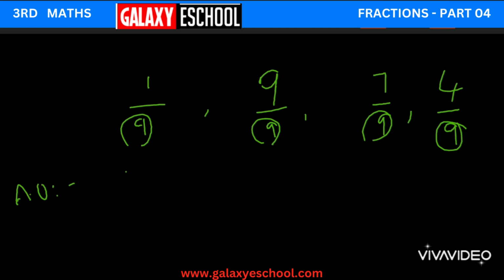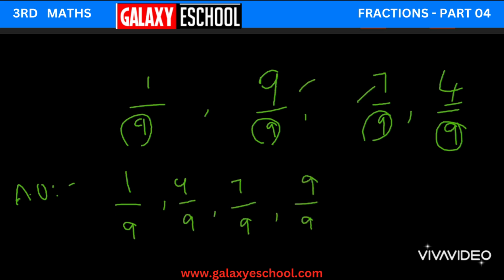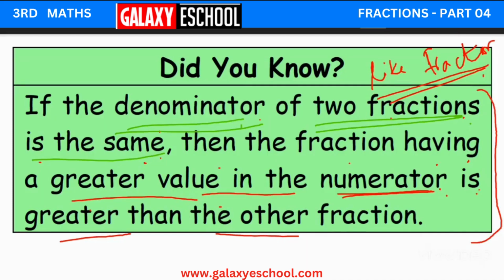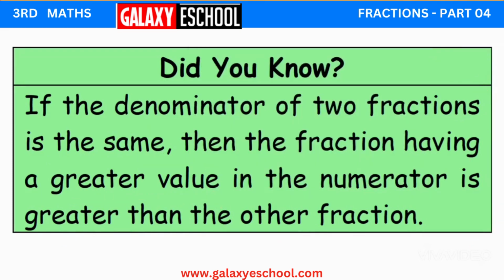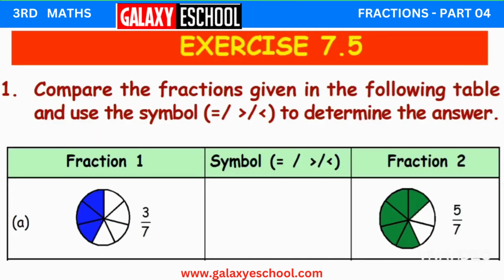So what is the smallest? 1. So 1 by 9. Then we have 4 by 9. Then 7 by 9. Then 9 by 9. This becomes our ascending order for the given like fractions. So when we have like fractions, the comparison becomes easy, and we can say which fraction is greater than the other.